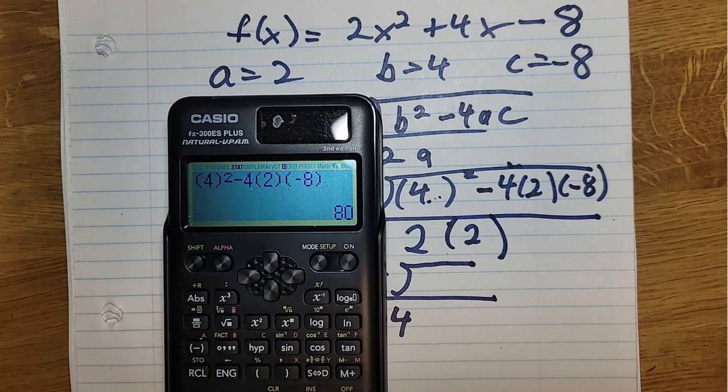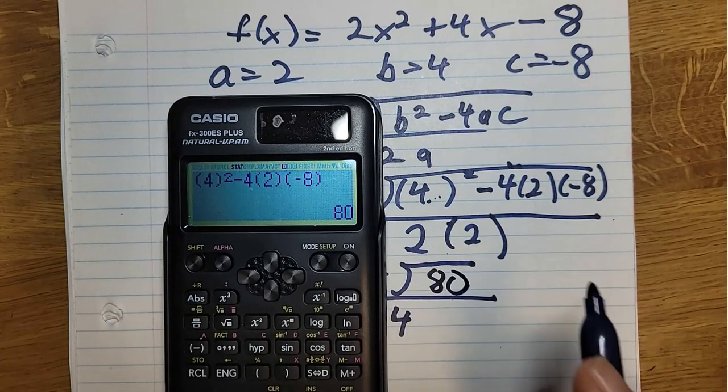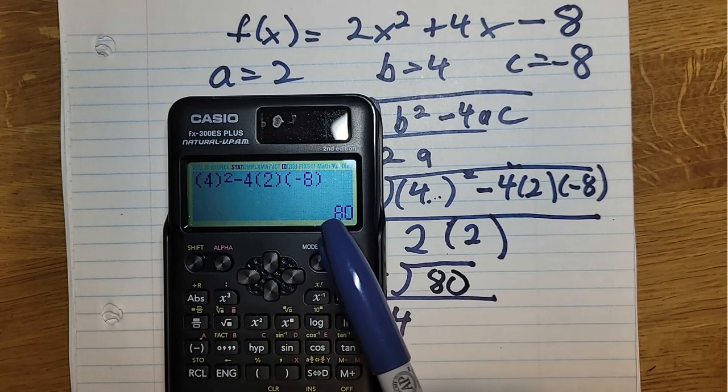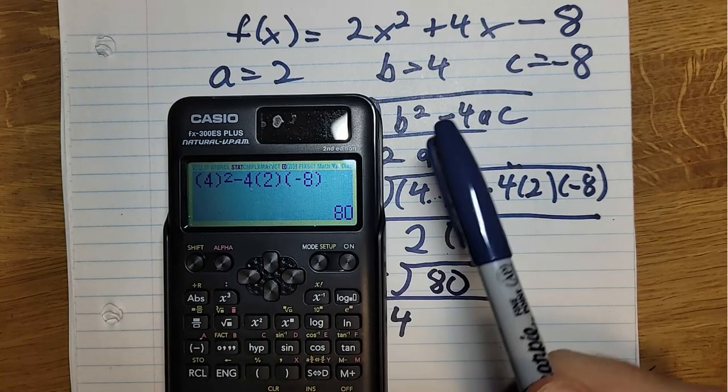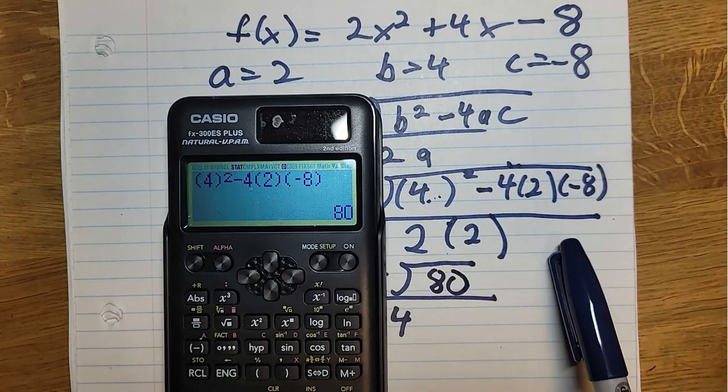Equals 80. So in here we get 80. Double check. 4 squared, that's b, 4 minus 4 times 2 times negative 8. All right, in the formula, and you get 80.